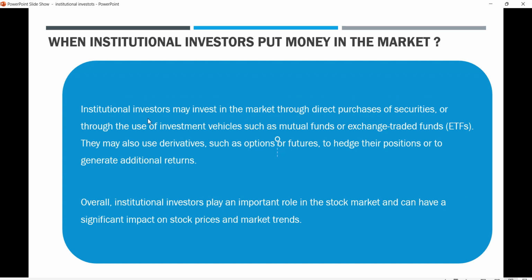Institutional investors may invest in the market through direct purchases of securities or through investment vehicles such as mutual funds and exchange traded funds. They put their money directly in the stock market, and in another way they put their money into mutual funds or exchange traded funds. Mutual funds are nothing but a group of 4 or 5 blue chip companies.